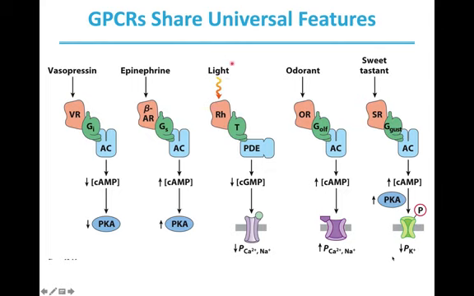But for receptors like rhodopsin, as shown here, or the olfactory receptor, or the sweet taste receptors, the signaling pathways are slightly different. For example, for the rhodopsin receptor, cyclic guanosine monophosphate, or cGMP, is the secondary messenger. For the olfactory receptor, although cAMP is the secondary messenger, it acts through a different mechanism.